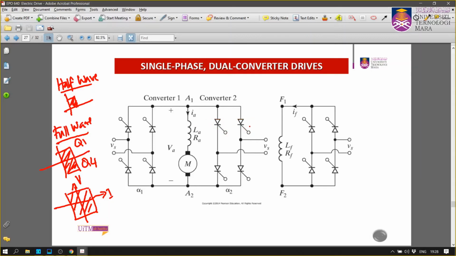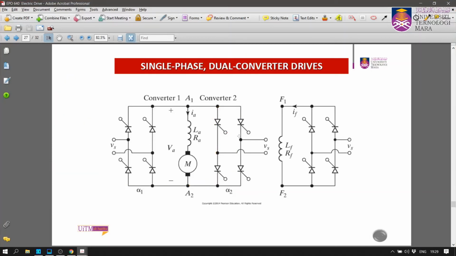This is not a parallel connection. If it were parallel, you would have that connection here, but since we talk about anti-parallel, we have this connection here. And VA is always in that connection.